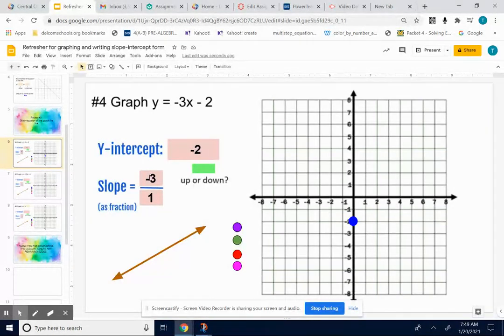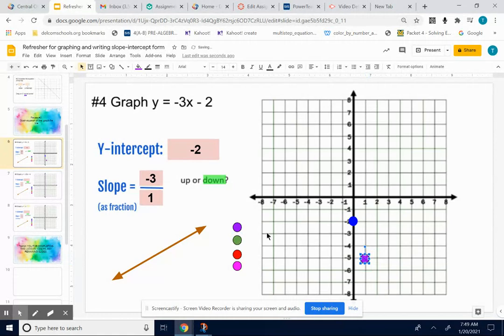And by the way, that negative means we're going down 3 over 1. To get from one point to another point on my line, I'm going to go down 3 over 1. So drag another point, go down 3 spaces over 1, place a dot.